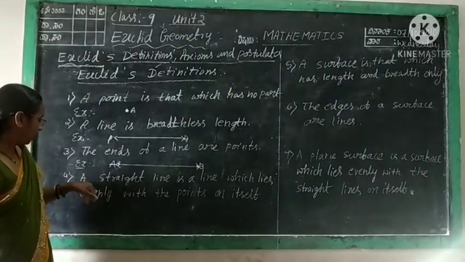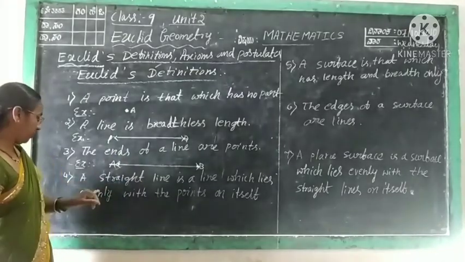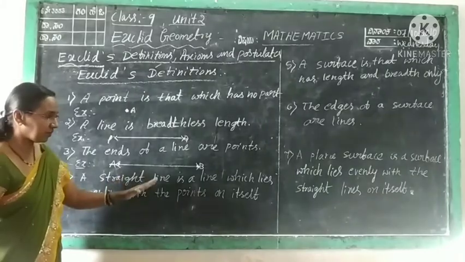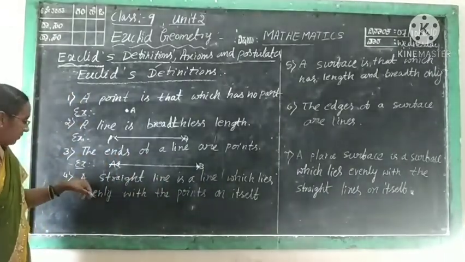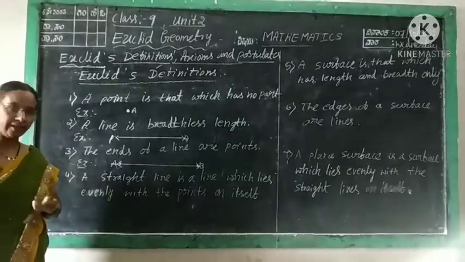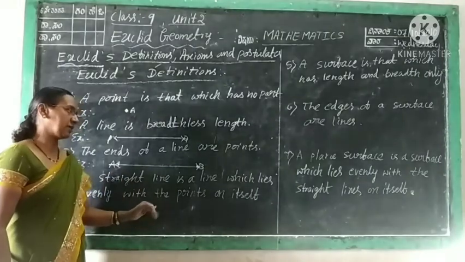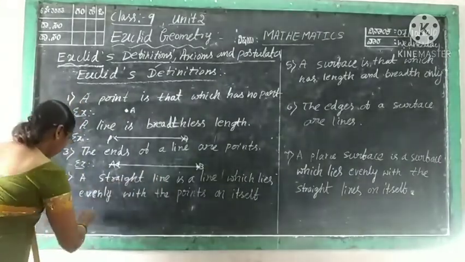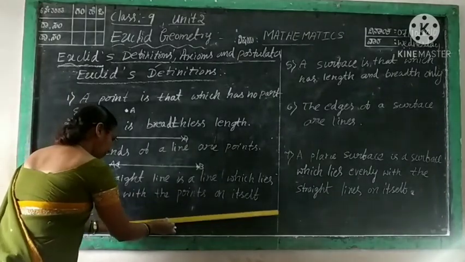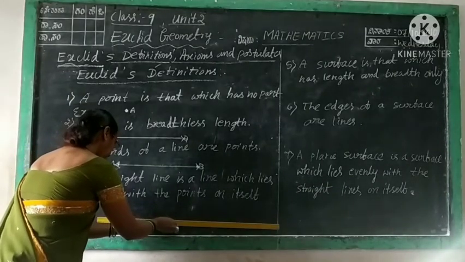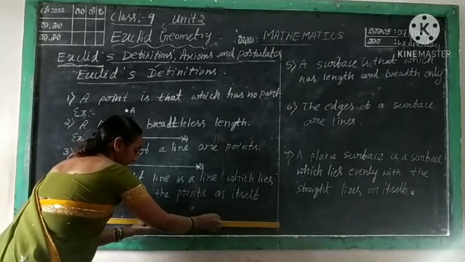Then the fourth definition is: a straight line is a line which lies evenly with the points on itself. For example, we draw one line with points A and B. A straight line is a line which lies evenly with the points on itself.